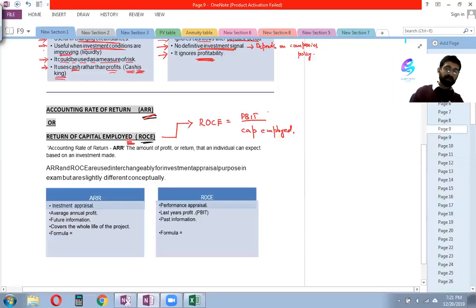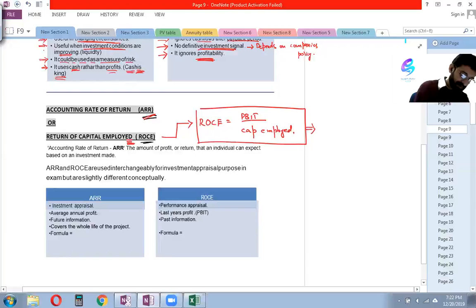How much percentage profit you had when you employed the capital? How much profit you had? Well, that's a sign of the past, right? So basically when I'm saying you had, it means the past. But we said F9 is more about the future, right? So that means it's not investment appraisal, it's performance appraisal. You don't do investment appraisal for the past. You want to see the performance in the past. So this is performance appraisal.